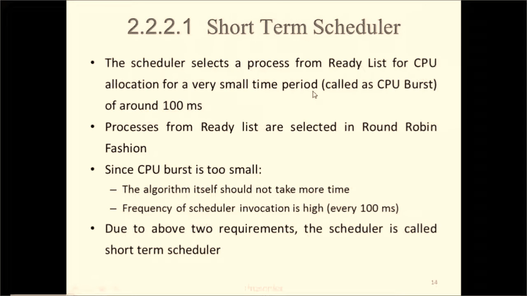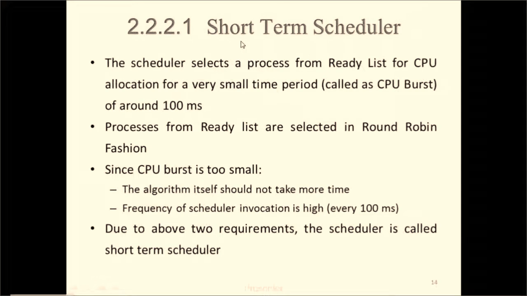So, importantly, the short-term scheduler is selecting a job from the ready list to allocate the CPU. So the transition of a process from ready to running or running to ready is the responsibility of the short-term scheduler.